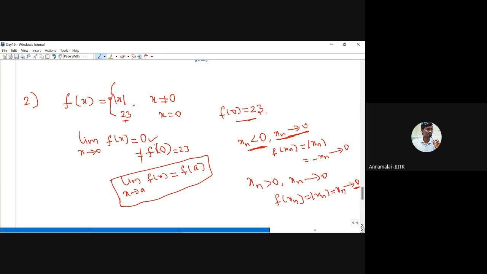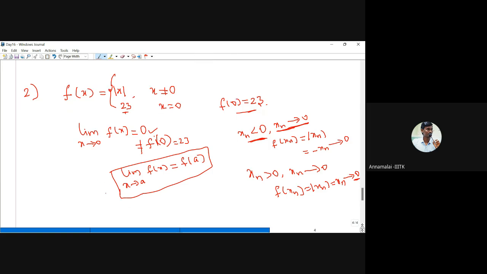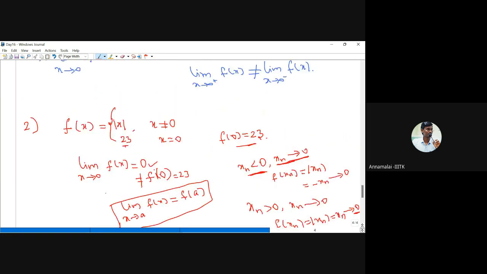So just to draw the graph, you can easily understand the function. Look at the graph of the function. Actually, this is almost the modulus of x graph, except at the point x equal to 0. At the point 0, the value is definitely 23. So there is a discontinuity, a jump at the point x equal to 0, right?